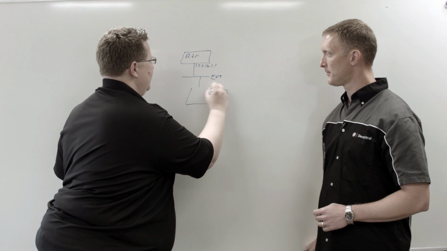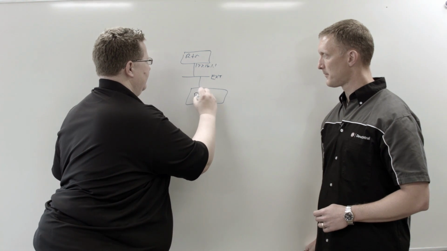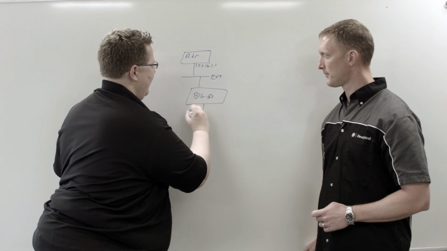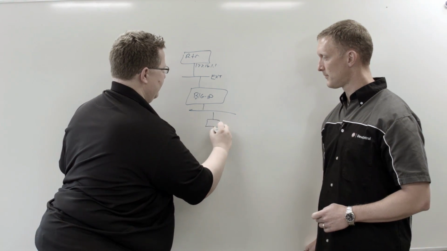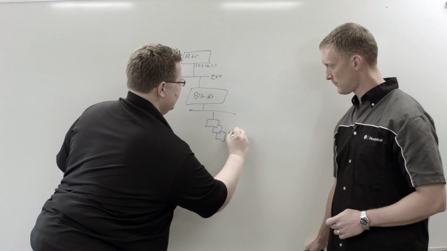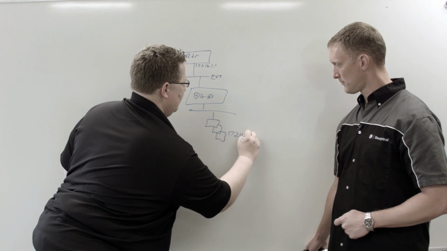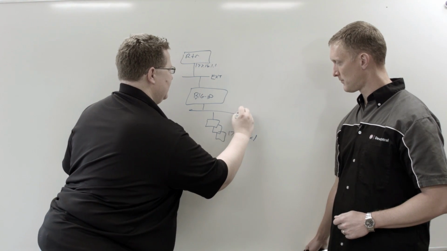You put BIG-IP in here, and then you have your internal VLAN with servers whose IP addresses are in the range, and this is internal.